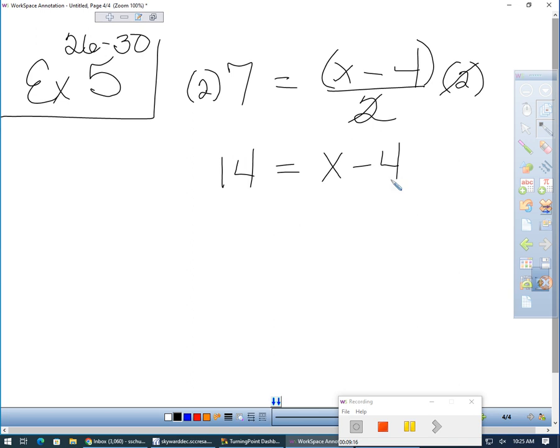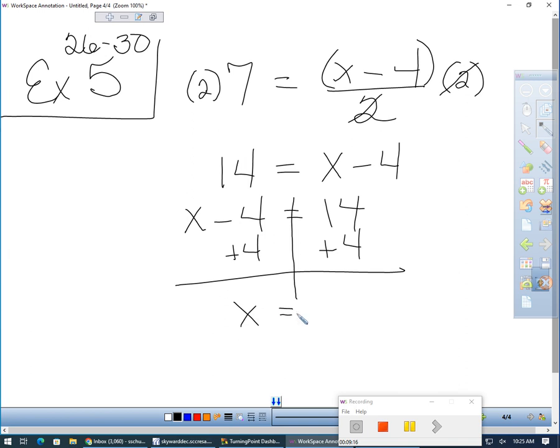Step 2, we want that variable on the left, so we're going to flip it. All right. So I have x minus 4 equals 14, right? Okay. Now I need to get the x by itself. What do I do next? Good. Add 4 to both sides. Very good. So I get x equals 18. Is x by itself? Good.